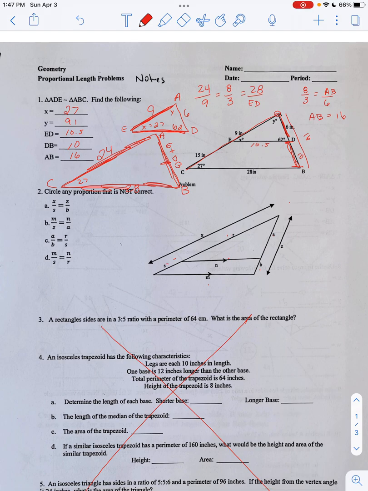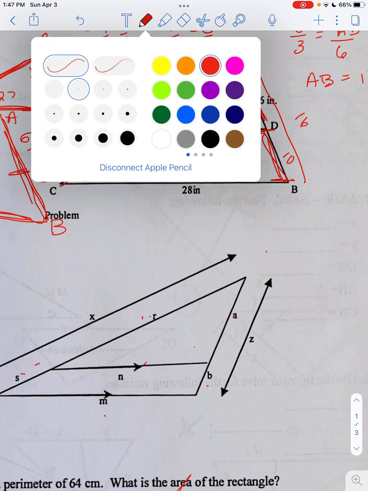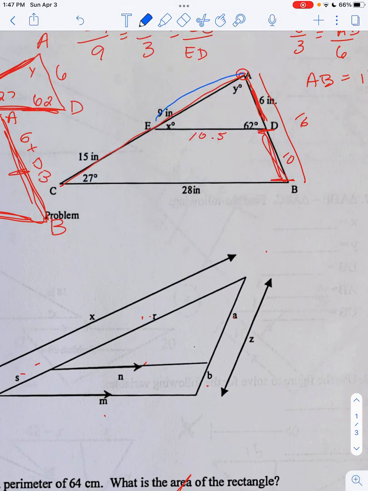So what we can do here is there are other proportions involved from certain lengths and ratios. So we can set up this proportion. I'll do this in a different color. This is a side length of the small triangle. This is a continuation of the big triangle. I could make a proportion, a 9 to 15 ratio, as long as I correspond similar sides on the opposite side, like A to D and D to B. So I could also say 9 to 15 from here to here, corresponding from 6 to this unknown.